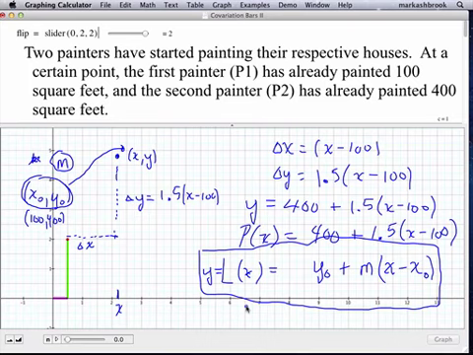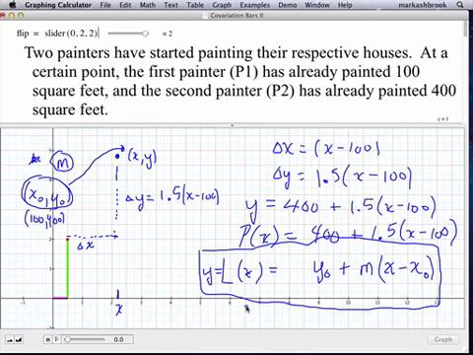So notice what happens. Let's go back to our painter's function. We wanted the amount that painter 2 had painted when painter 1 hadn't painted anything at all. So how would we use this to do that? Yeah, so what does the output of this function represent? It's how much painter 2 has painted, right?